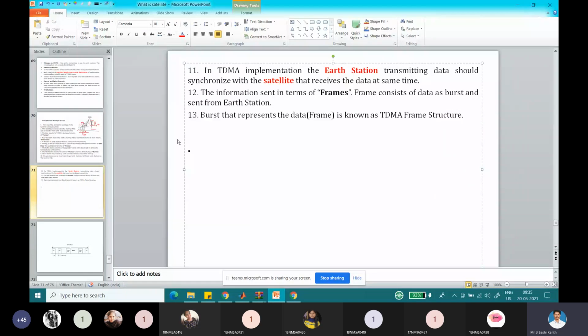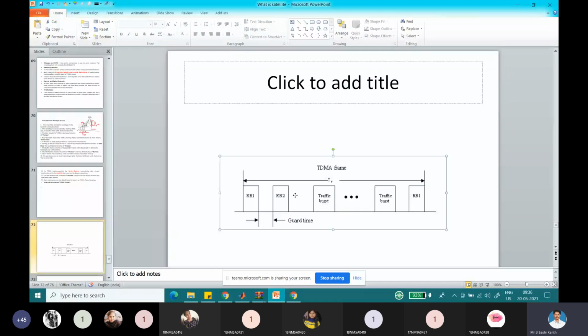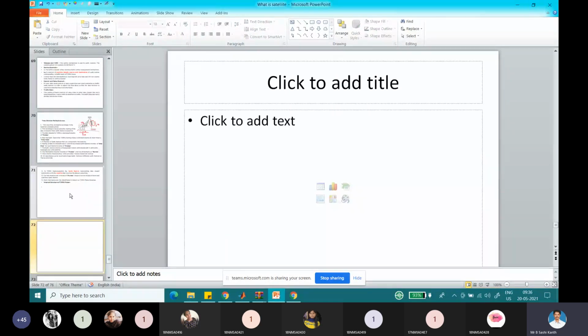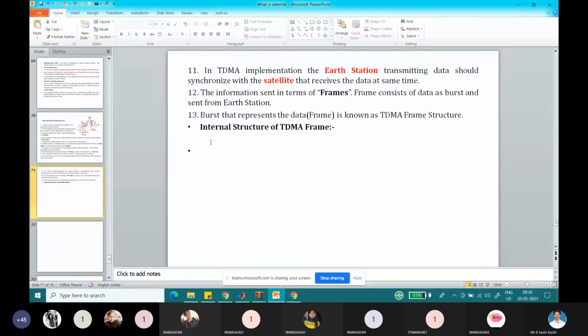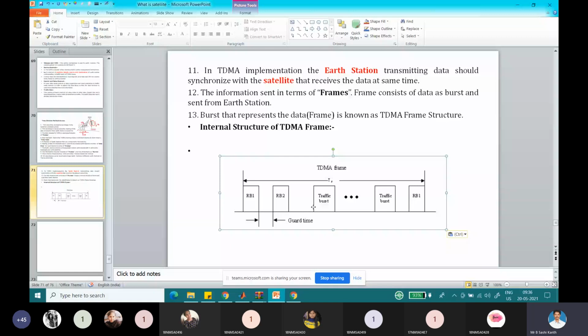Now we are going to see the internal structure of the TDMA frame.